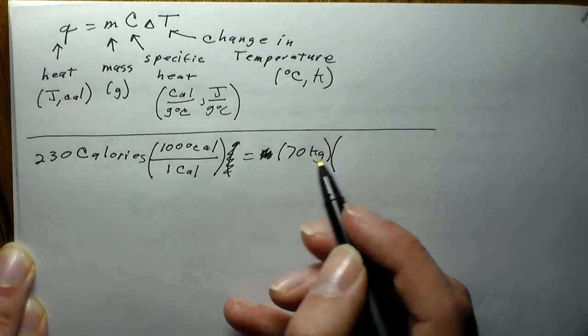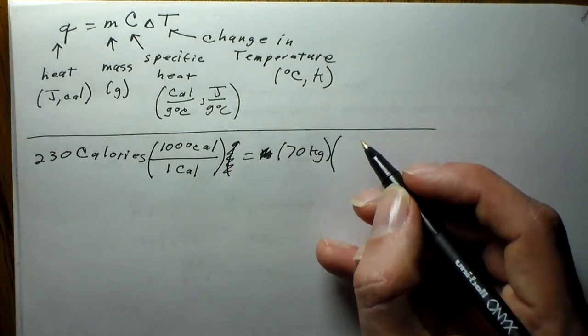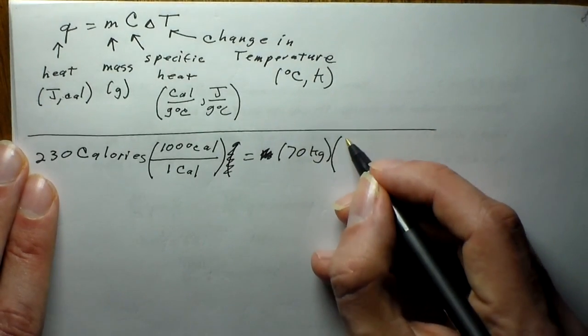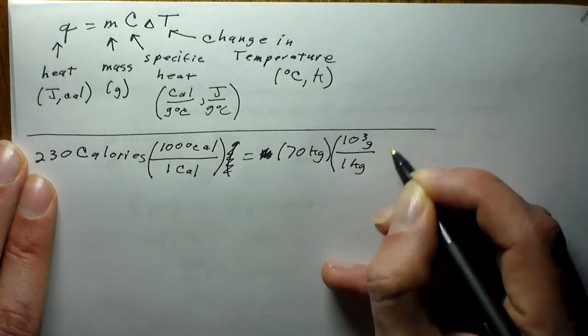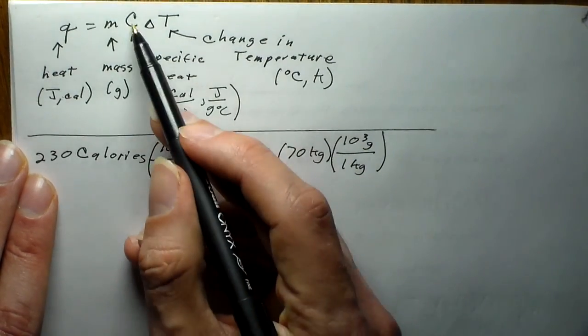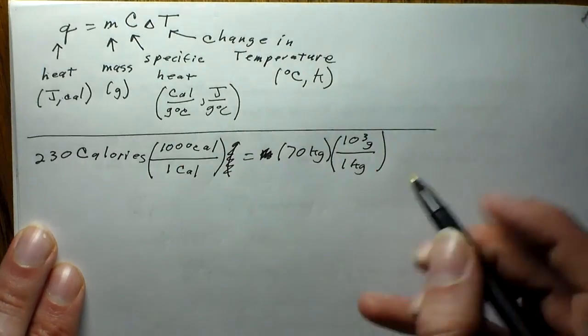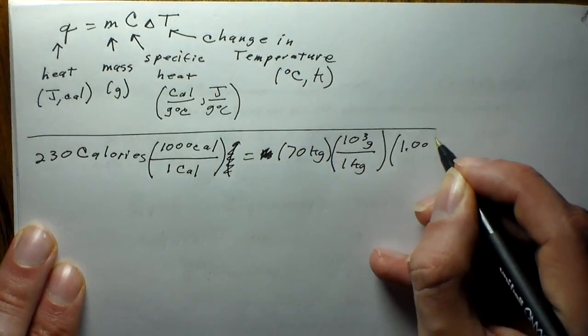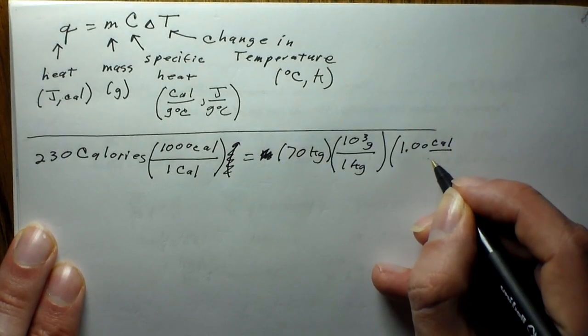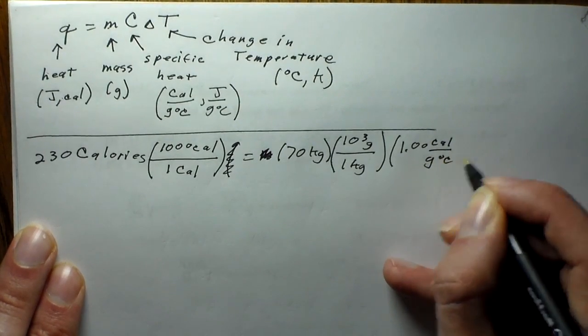And then, of course, we also need to convert this into grams to make sure our units are correct. So that's going to be 10 to the third grams per kilogram. And then for water, as we were seeing, the specific heat is equal to 1 by definition. So that's going to be 1.00 calories, little calories, per gram degrees Celsius.